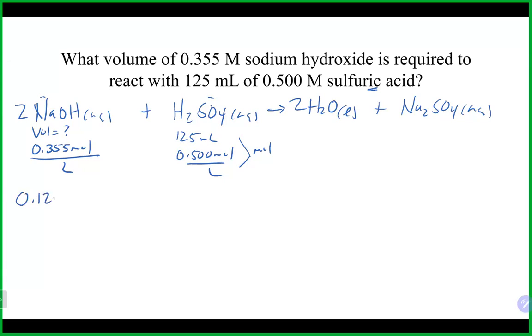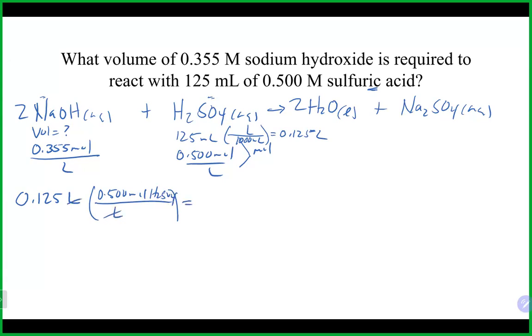So 0.125 liters, again dividing the milliliters by 1,000 here to get us there. Going to use our molarity the way it is written, 0.5 moles of H2SO4 to liters. Liters are going to cancel.